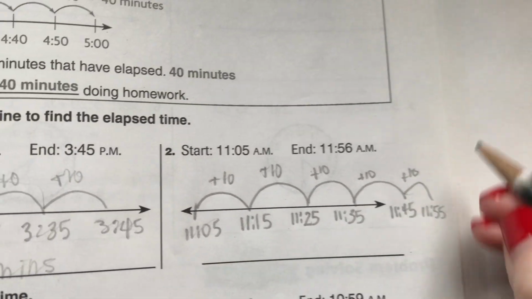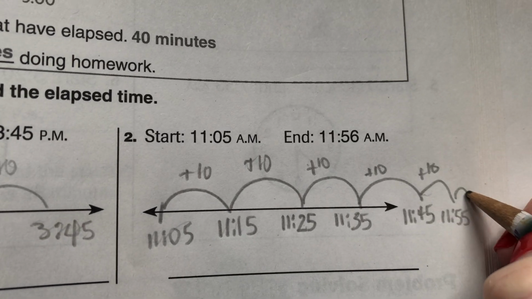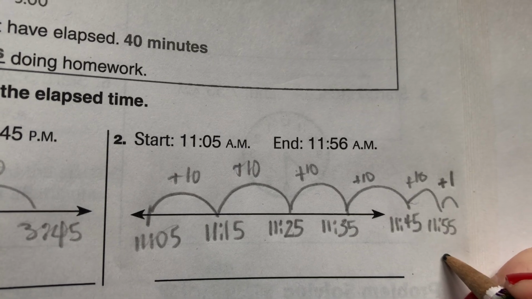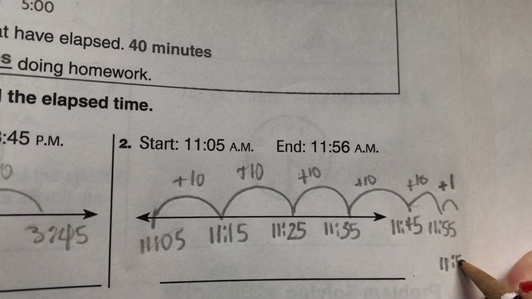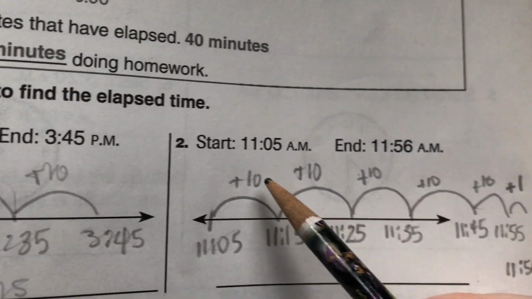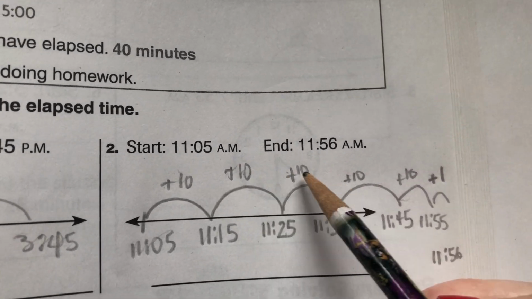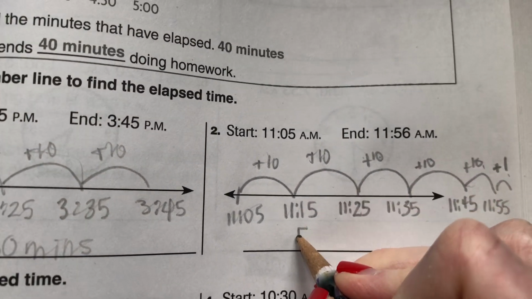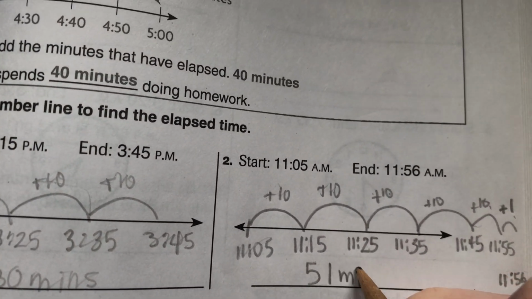And now I'm probably going to have to go really, really tiny. Plus 1 minute would get me to 11:56. So I'm going to add here 10, 20, 30, 40, 50 plus 1 is 51 minutes.